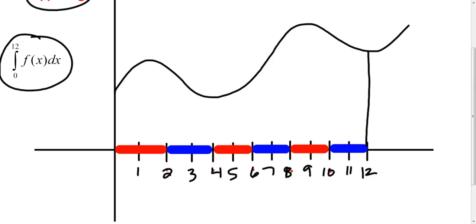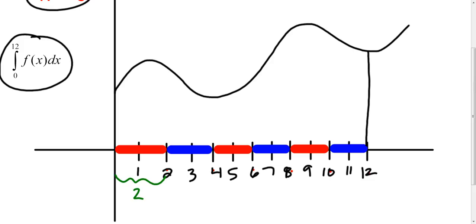If I were doing the midpoint, here's what I would do. If I want to divide it into 6 equal rectangles, you can see that the base of each rectangle is going to be 2, just so you know.